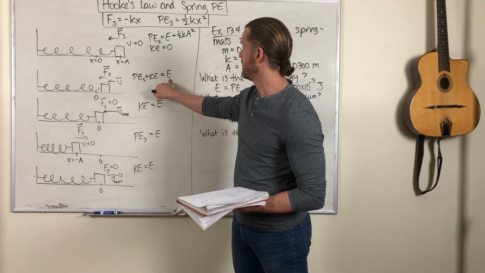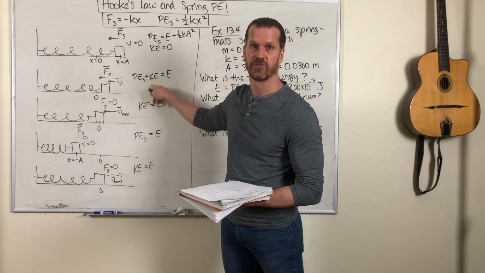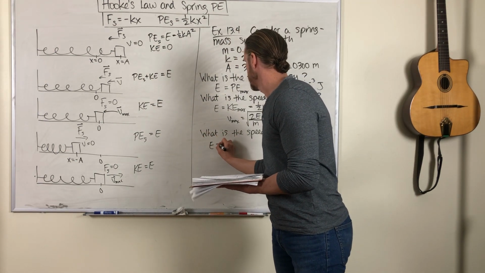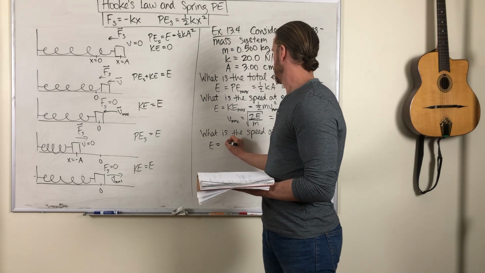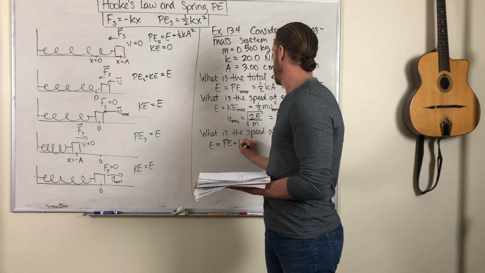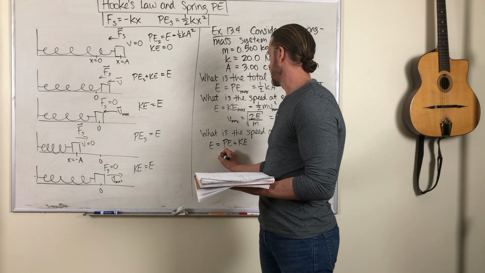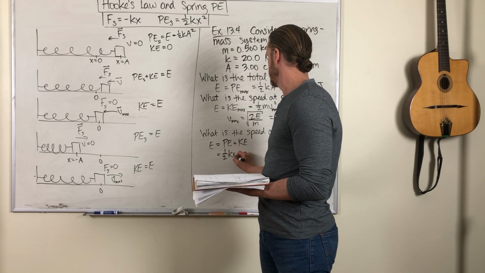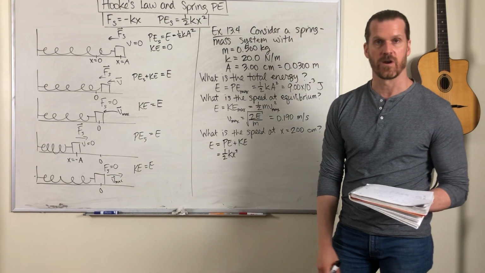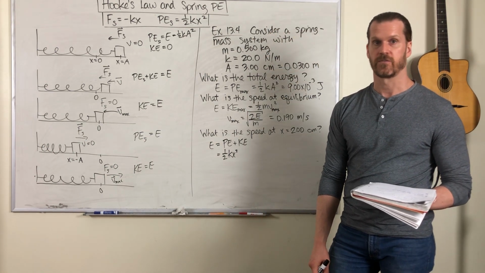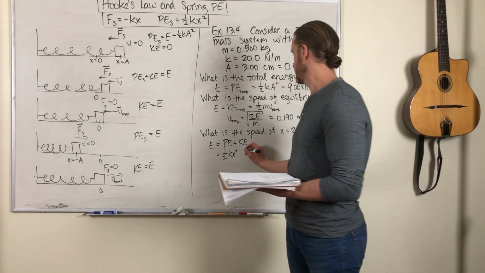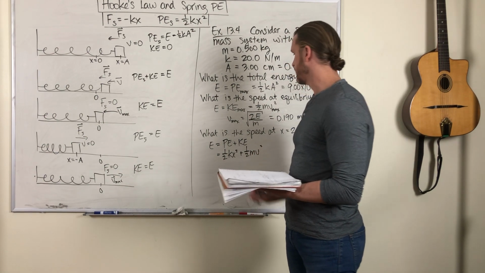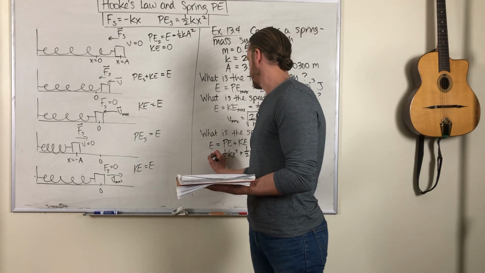So the total energy is a mix of potential and kinetic. So we need to say that E is PE plus KE right there. That PE is 1/2 K x squared, where x is 2 centimeters. And KE is 1/2 mv squared, where v is what we're solving for.